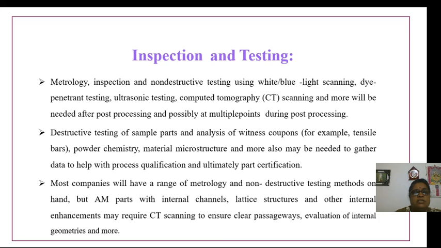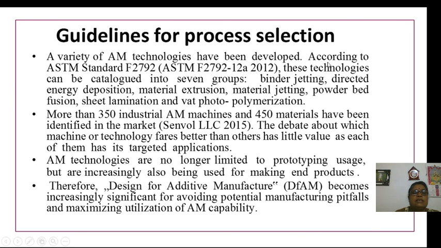Destructive testing of some sample parts is also needed to analyze their weakness. That is one. These are the guidelines as per the ASTM standards, that is, ASTM standard F2792. They have categorized 7 technologies.